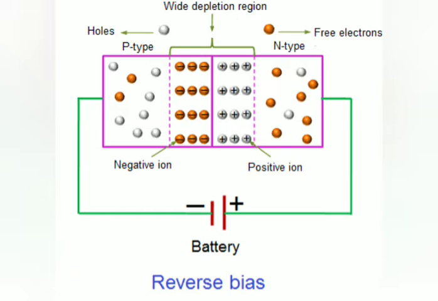So as holes are connected to the negative end here, and you know that the holes are positive charged particles, so holes are attracted towards the negative end of the battery because both of these are opposite in nature.